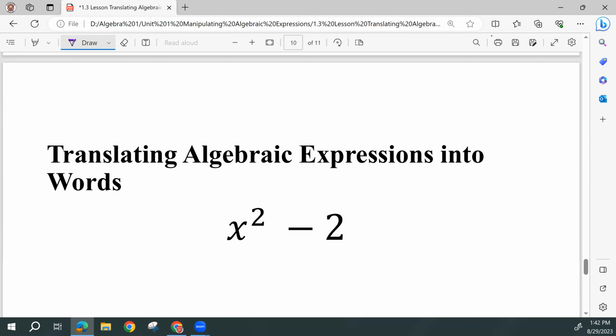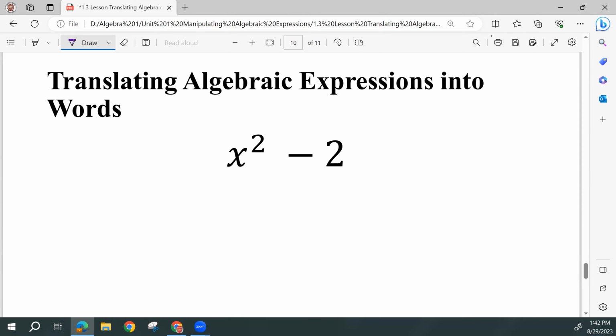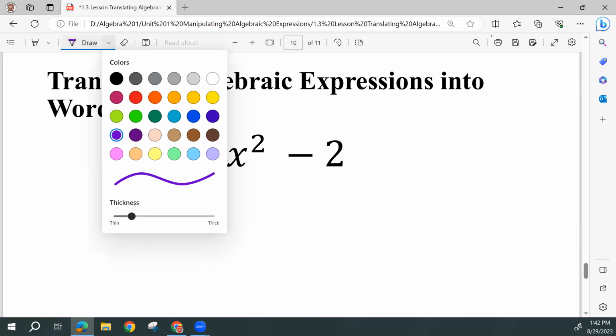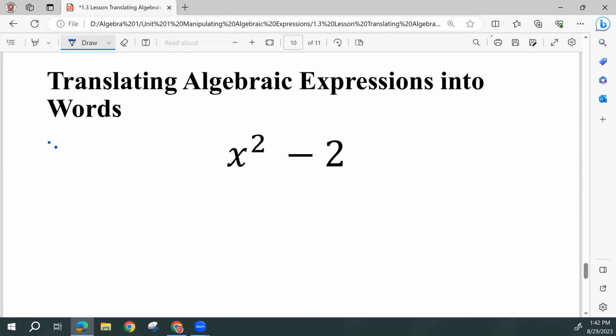And we've got one more. I'm going to do it the way that I've been doing it, where if I have this plus or minus, I'm going to start here. This is not the only way to translate this.